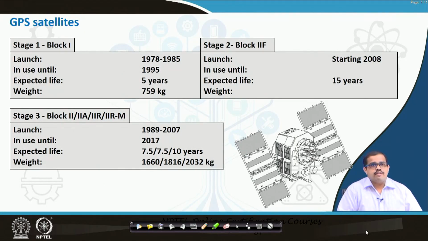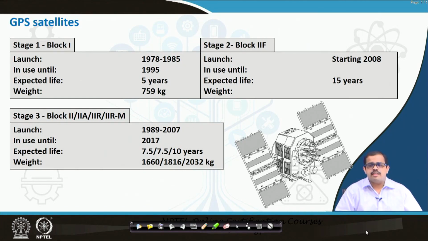When we look at the different stages, there were basically many stages, but we can put them into blocks: stage 1, stage 2 and stage 3 block. Stage 1 block was from 1978 to 1995. Its expected life was about 5 years, but it was used until 1995, which means it served even beyond its expected life. Then the block 2 constellation of satellites was launched starting 2008.